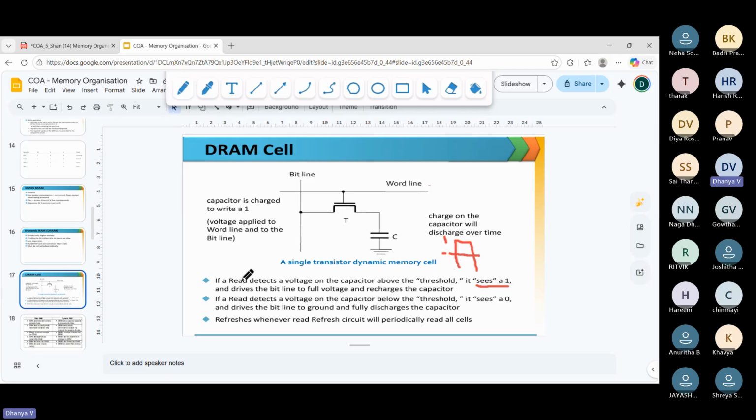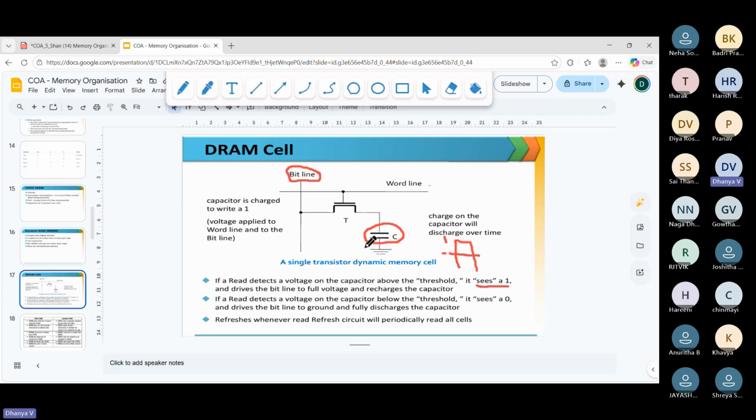But if it sees a value below the threshold value, then it sees a 0, and that time the capacitor will get discharged.